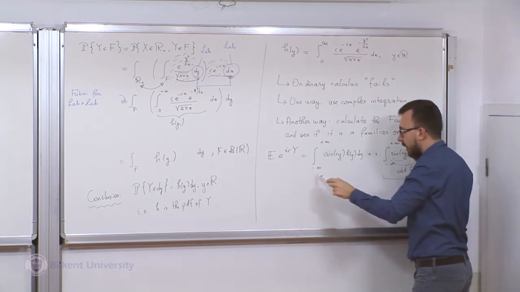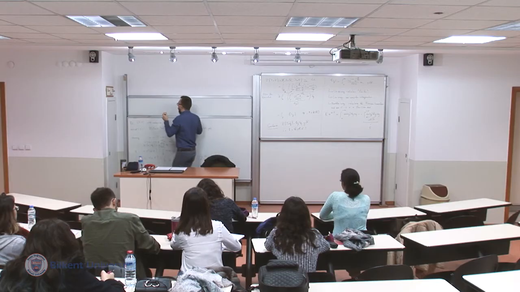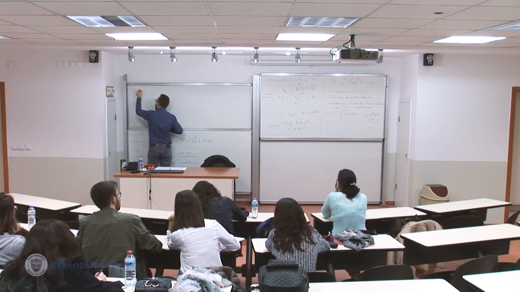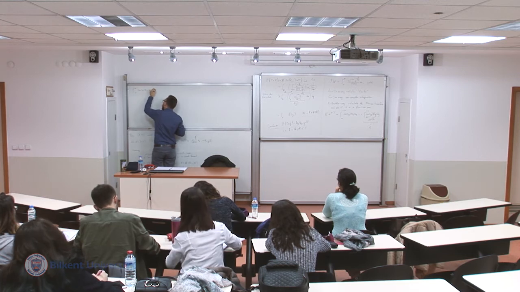But what is this integral? Let's calculate this integral. So minus infinity to infinity cosine ry h of y dy.